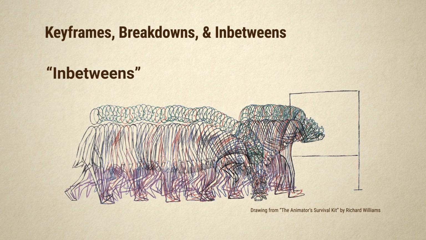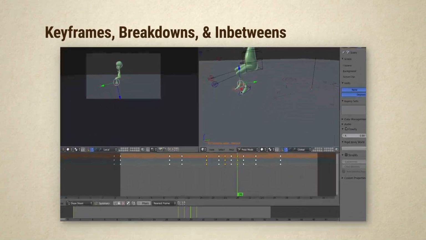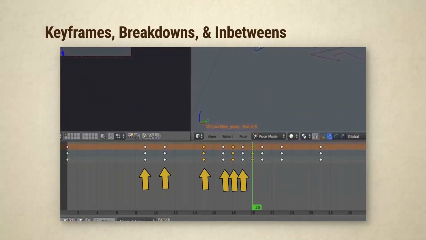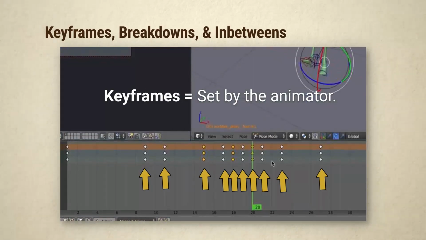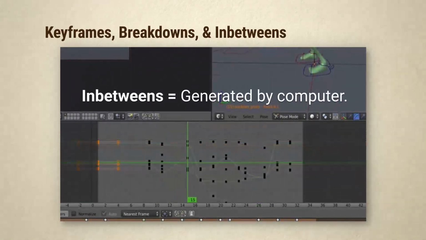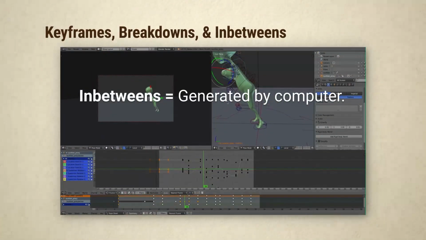In-betweens are all the frames that come in between to smooth out the motion. Now in 3D, or computer-tweened 2D, a keyframe is any position on the timeline where the animator has defined the position of the character. In-betweens are all the frames that the computer interpolates, or automatically generates, to move the character from key to key.